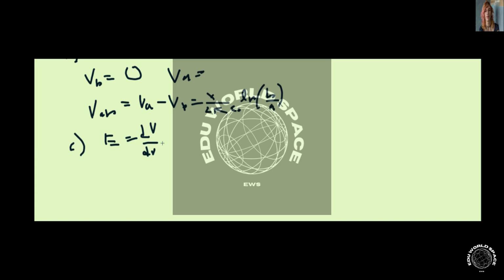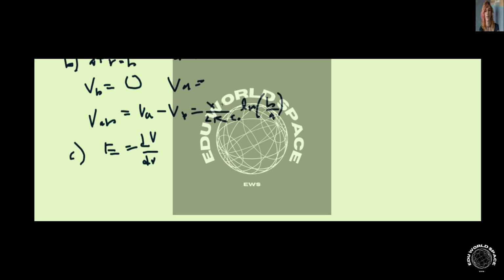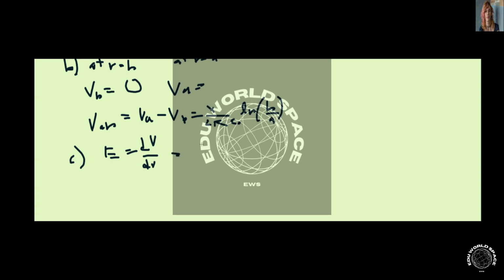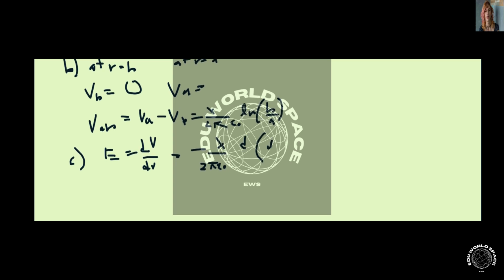If you substitute the equation from up here for V, since the first part is just constant, we can bring it out of the derivative, lambda over 2 pi epsilon naught, times the derivative of ln b over r.